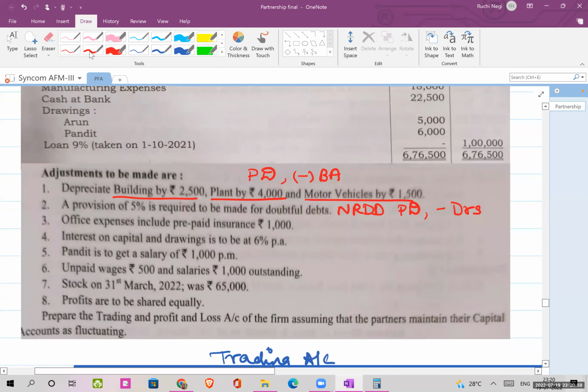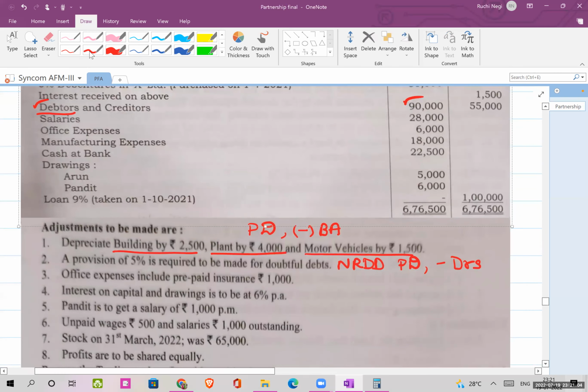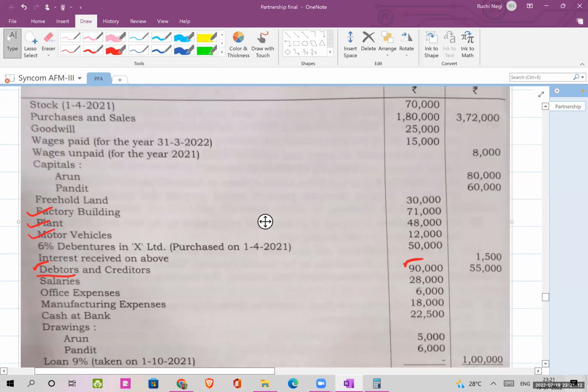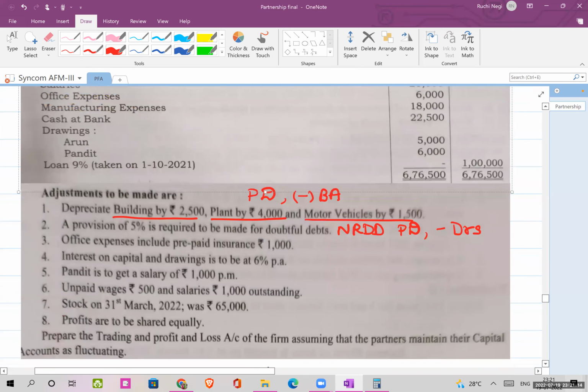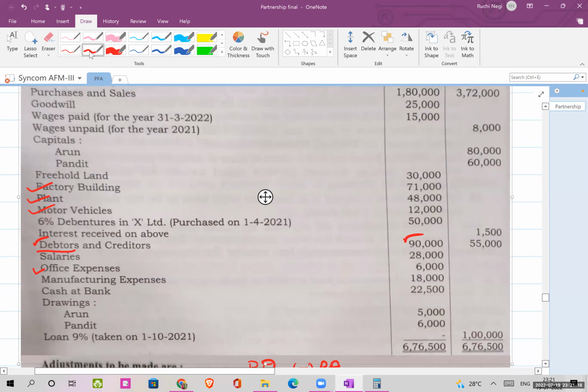Next comes the third one. Office expenses include prepaid insurance. So this is wrongly included. Now let's search for office expenses. Here, I'm putting a tick mark. Office expenses amount is 6,000.